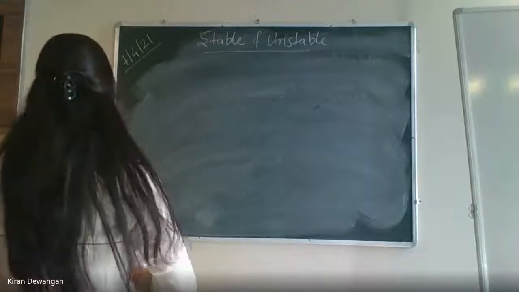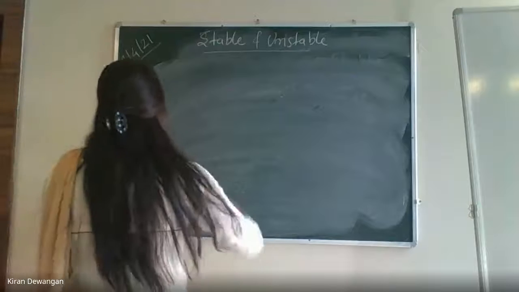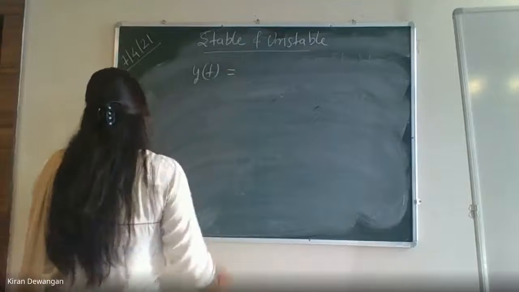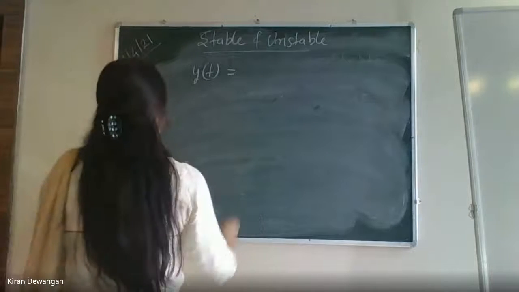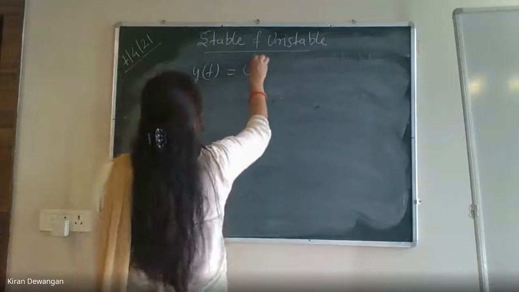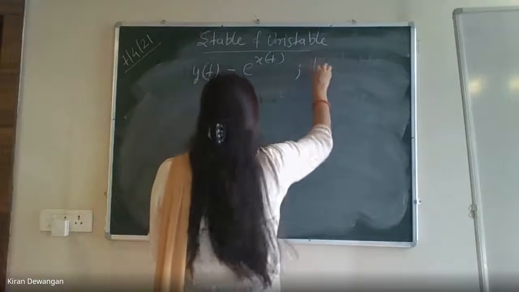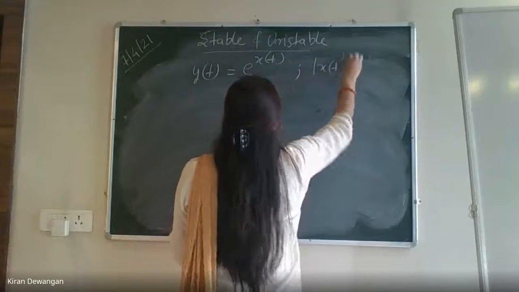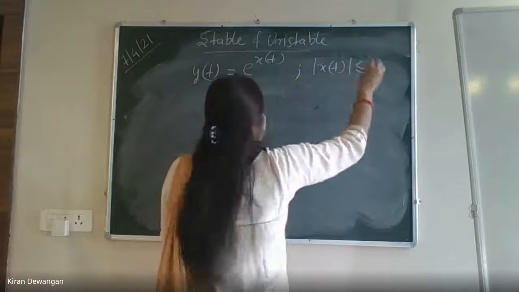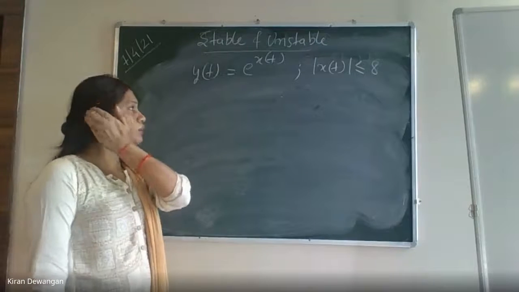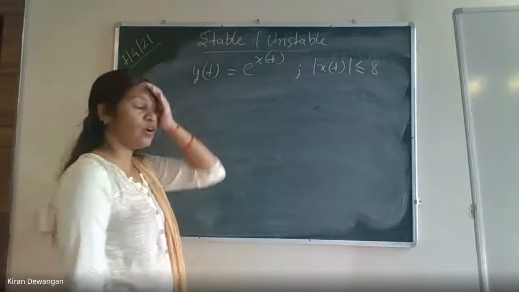Now let's check with a question. Find whether the system is stable or not. y of t is e to the power x of t, for mod of x of t less than or equal to 8. We have to check whether it's a stable system or not.